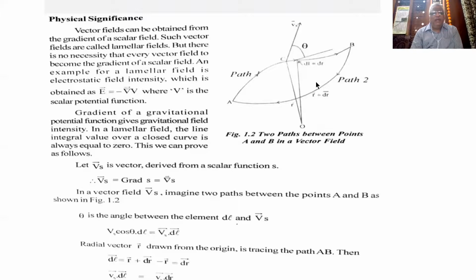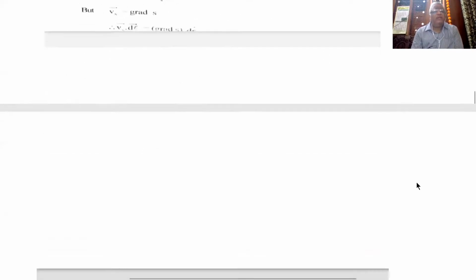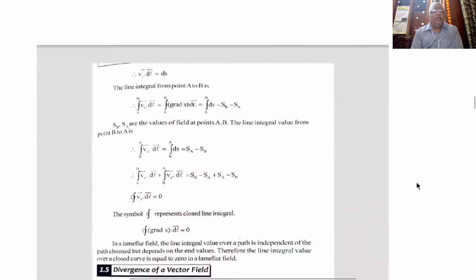Radial vector r drawn from the origin is along the path. Then dl is equal to r plus dr minus r, which is equal to dr. Del S dot dl is equal to del S dot dr. So del S is nothing but gradient S.